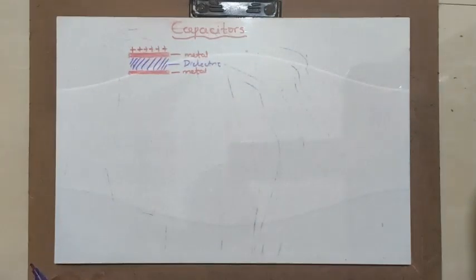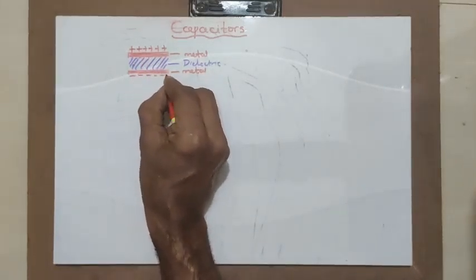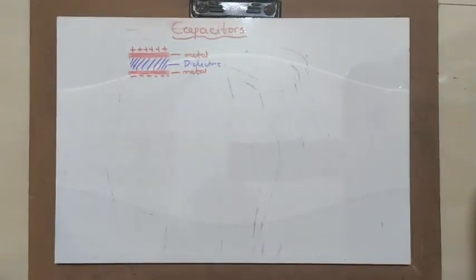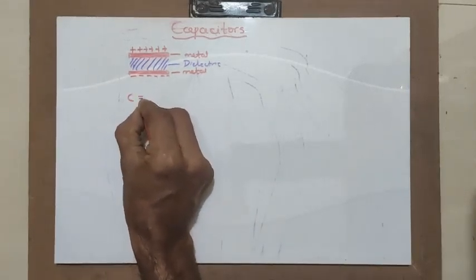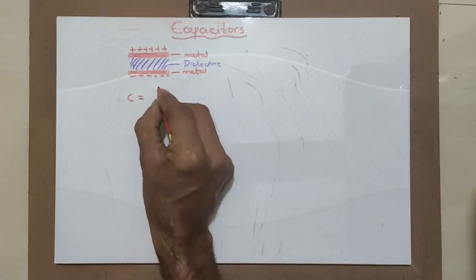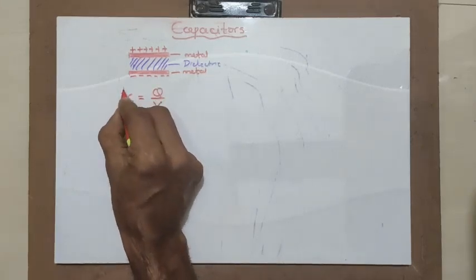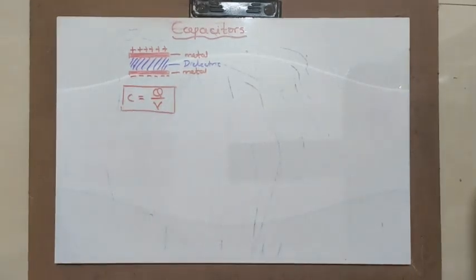Suppose here it is plus, then obviously minus charges are present on the other plate. Okay. Now capacitance, we call it capacitance. Capacitance is defined as charge per voltage. C is equal to Q by V. See, this is the definition.